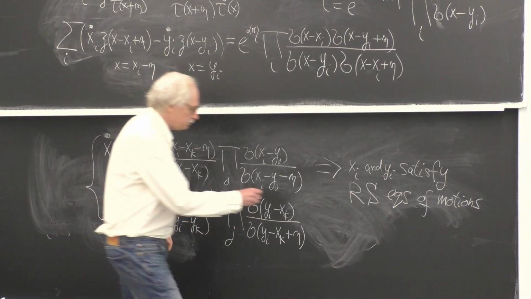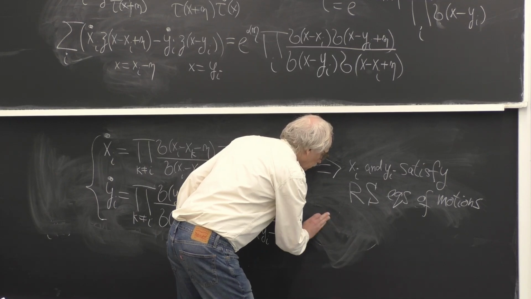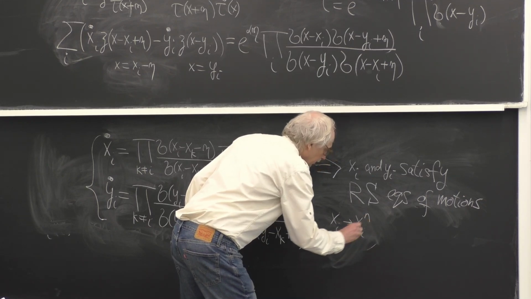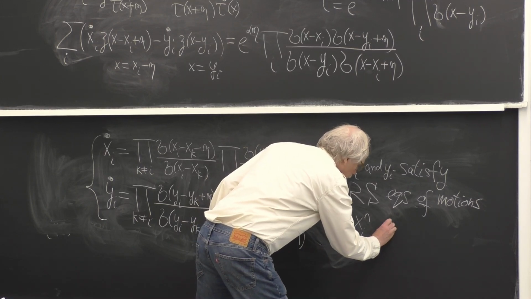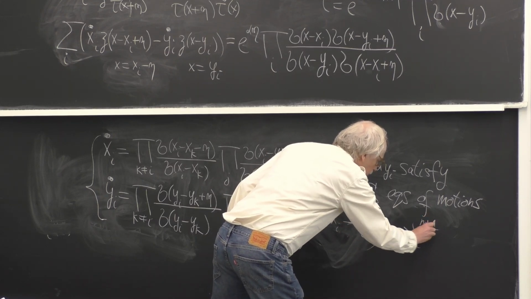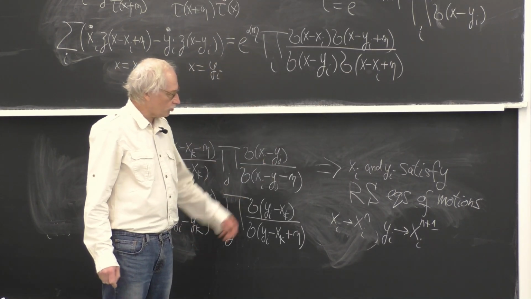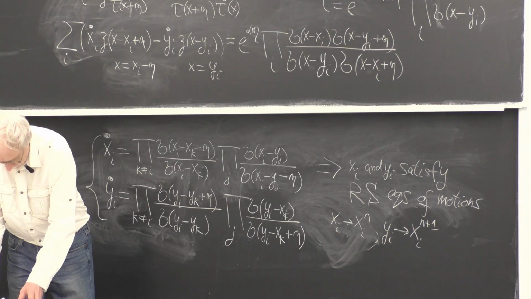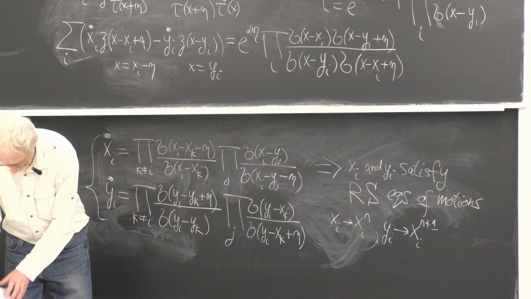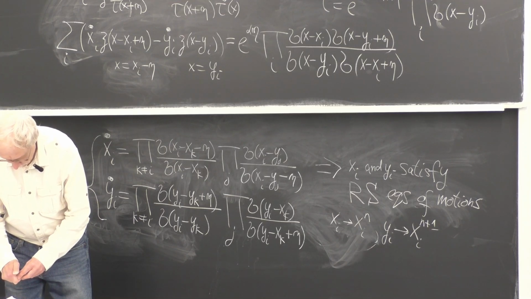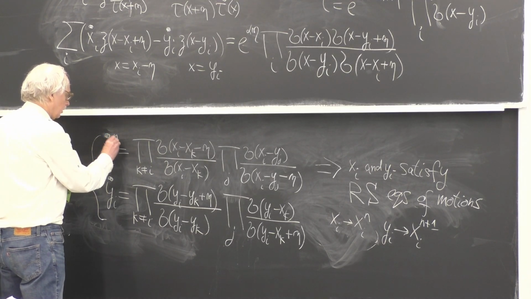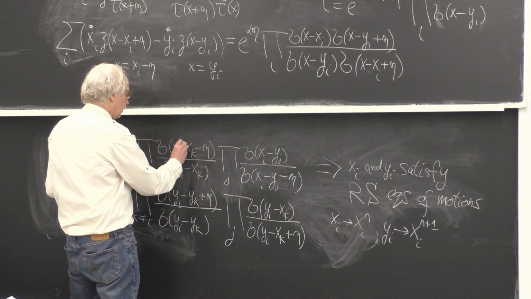And again, we can denote xi as xi_n and yi as xi_{n+1}. So introduce the discrete time in this way, and rewrite this in this new notation.